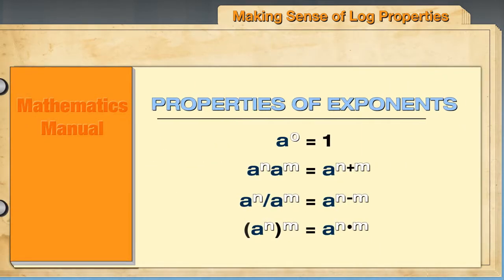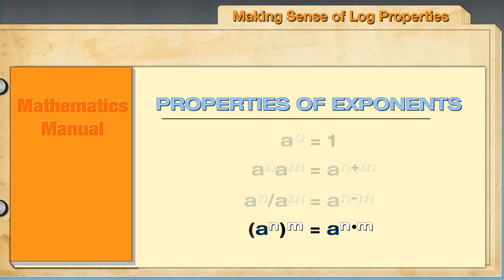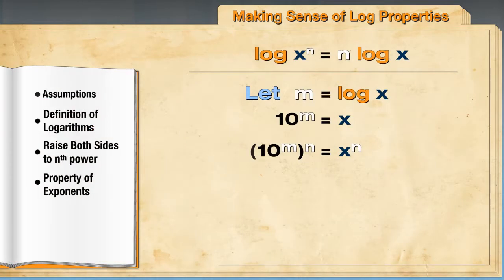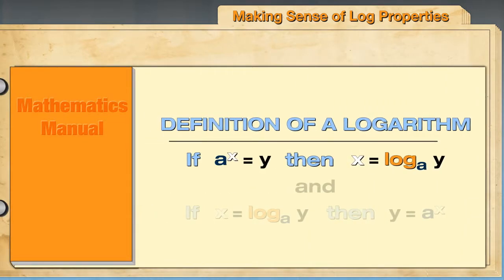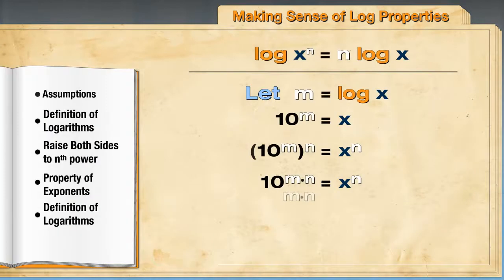Now we can use a property of exponents for powers and get 10 to the quantity m times n equals x to the n. The property we are trying to prove has the log of x to the nth power. So let's use the definition of logarithms again. M times n equals log of x to the nth power.